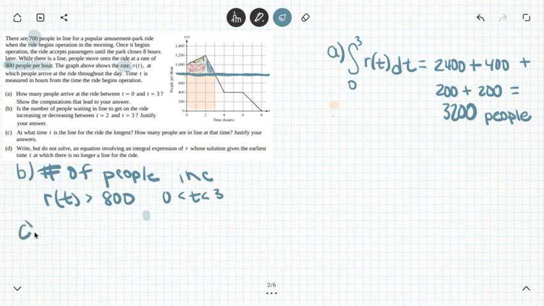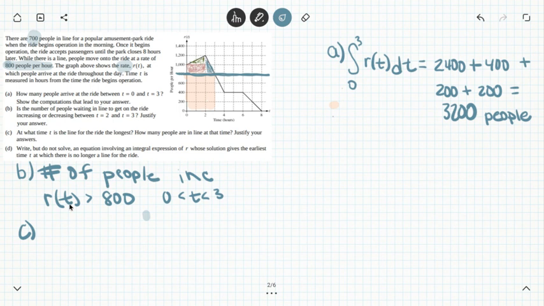For part C, we're asked at what time is the line the longest? When we're looking for longest, shortest, highest, smallest, we're looking for max and mins. The way that we find max and mins is look for derivatives. So the max or the min is found with the derivative equals 0.